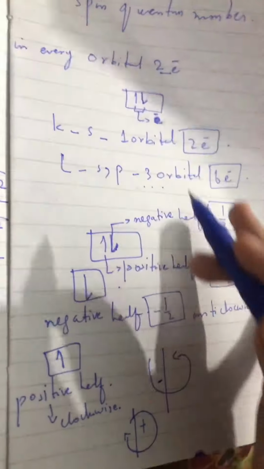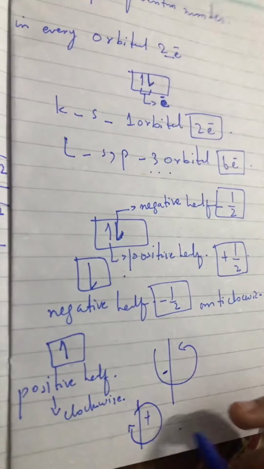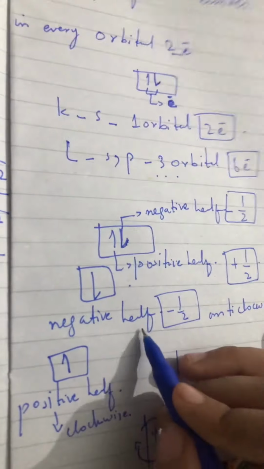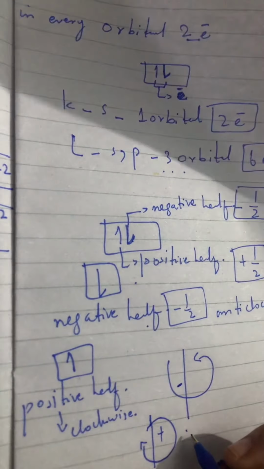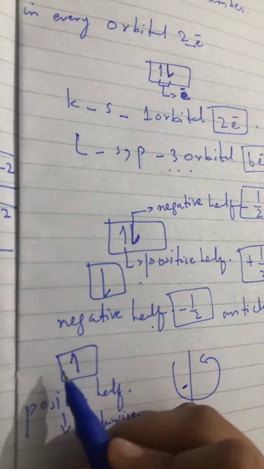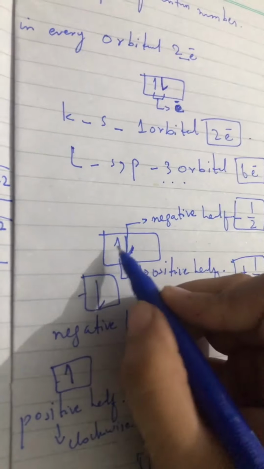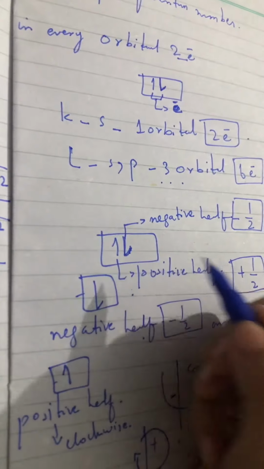So that was spin quantum number. This is clockwise and this is anti-clockwise. This is minus 1/2, that is negative half, and this is positive 1/2, that is positive half. So these are 2 electrons.